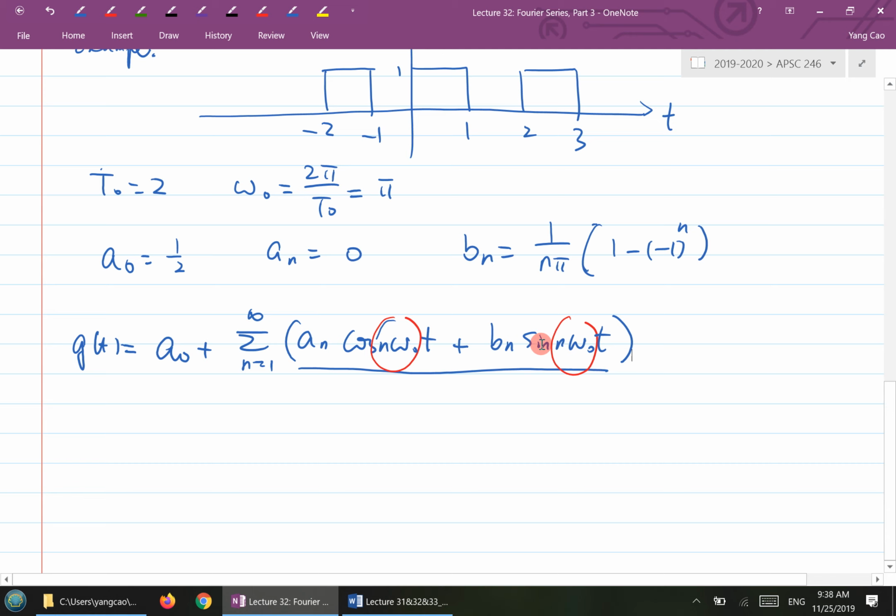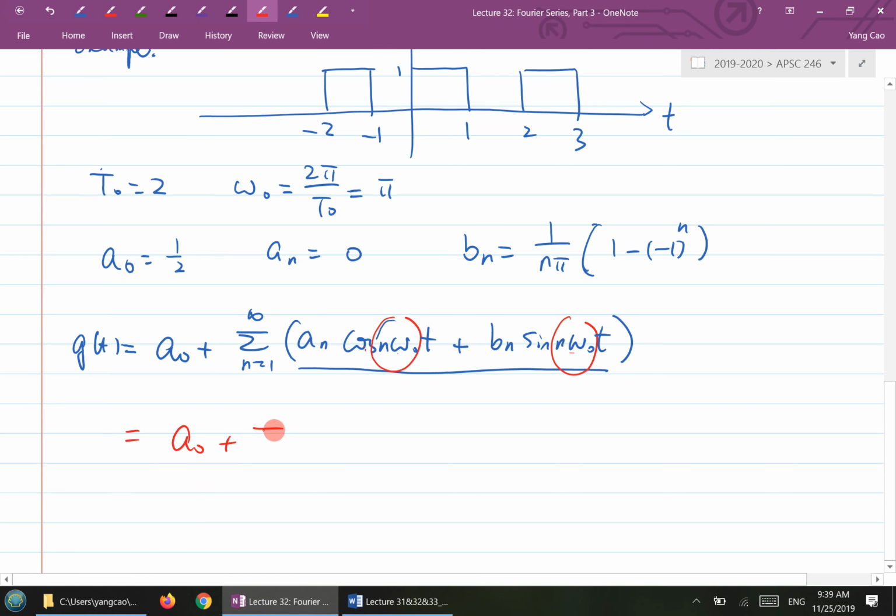The overall signal will have the same frequency. If you add cosine 3t plus sine 3t, you get a certain type of signal, and that signal still has the same frequency, 3. So you can put these two terms together here.